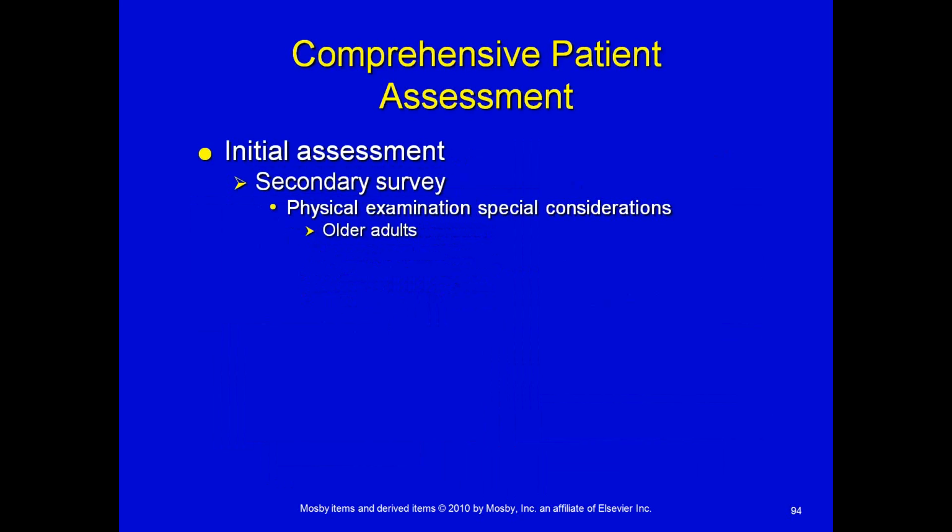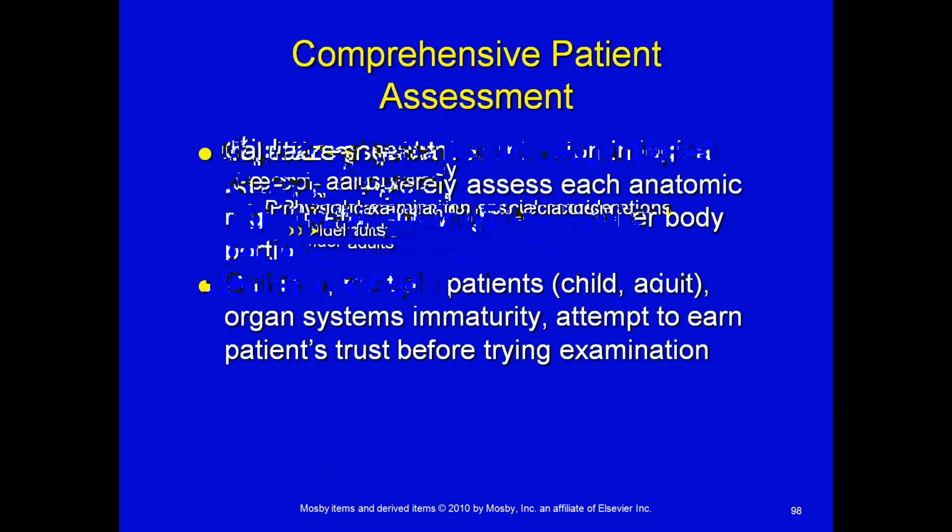So in summary, we quickly went through quite a bit of stuff here, but we know that a thorough, complete patient assessment goes hand in hand with a thorough, complete history, and that it needs to be systematic and well organized, and it may vary somewhat depending upon the patient, how critical they are, whether they're high priority patients or low priority patients, and if they're high priority patients, we need to fix those problems before we move on to any sort of further assessment.